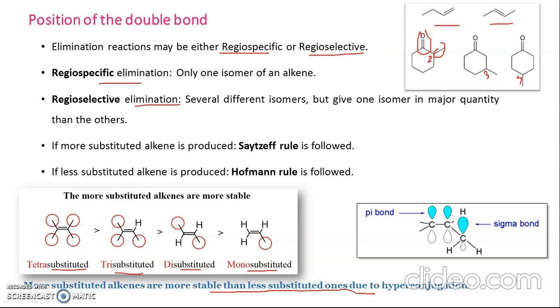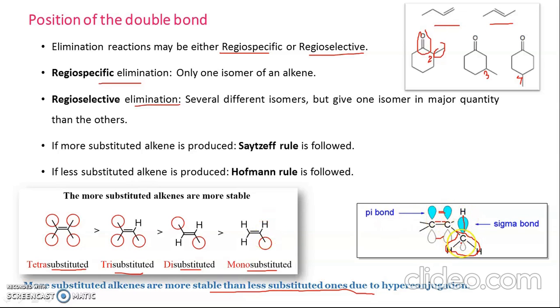And the reason is because of hyperconjugation. Now what is hyperconjugation? Suppose this is a pi bond, parallel overlap between 2 p orbital, and if there is a methyl group just beside this double bond, then there is some interaction between this pi bond and this CH sigma bond.